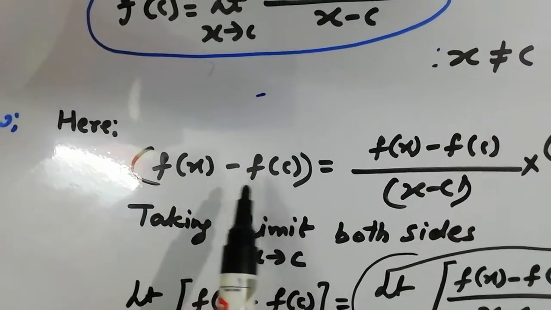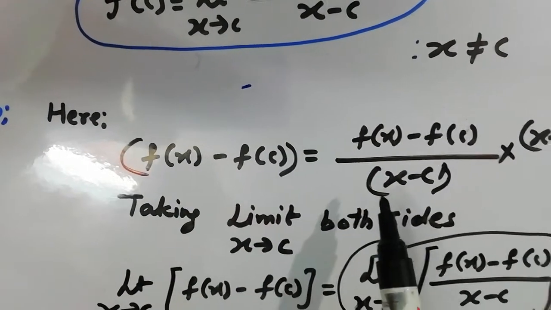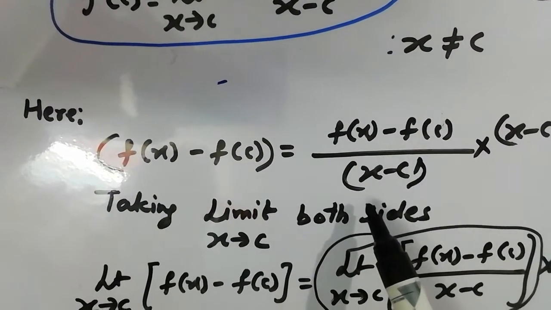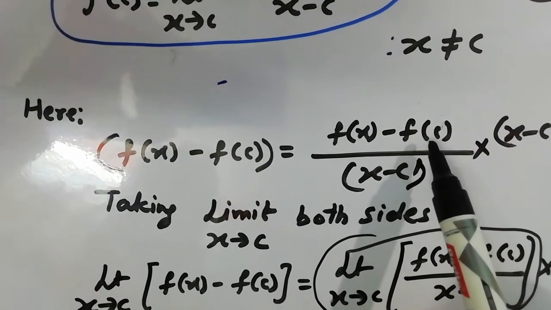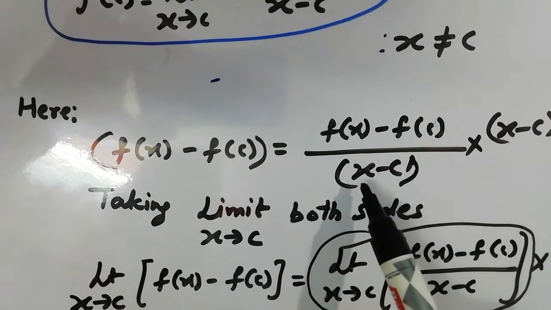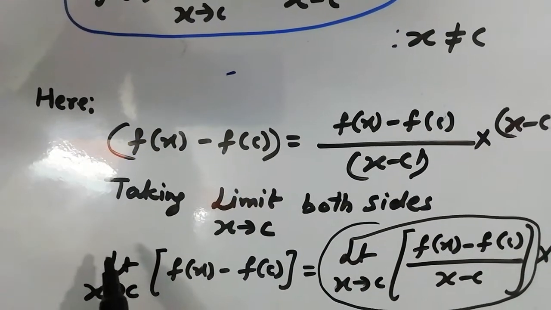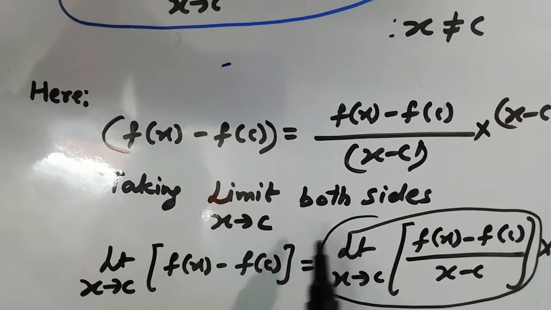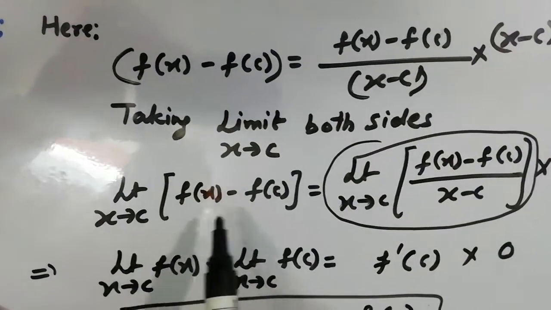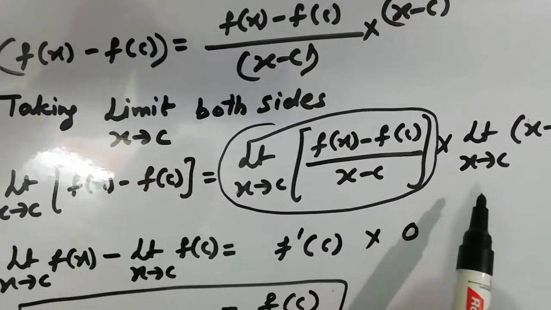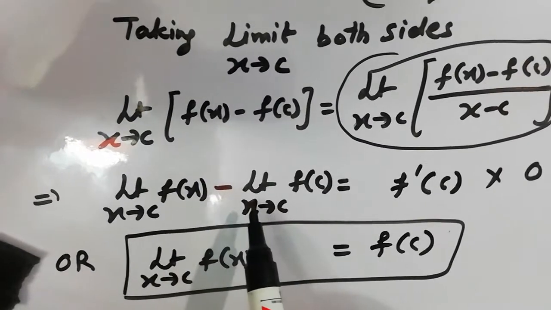So in the next step, we can write f of x minus f of c is equal to, here I am multiplying and dividing by x minus c, f of x minus f of c divided by x minus c and multiplying also x minus c. Then after that, taking limit x approaches c on both sides. After considering the limits, we will get this one. Then apply the algebra of limits.